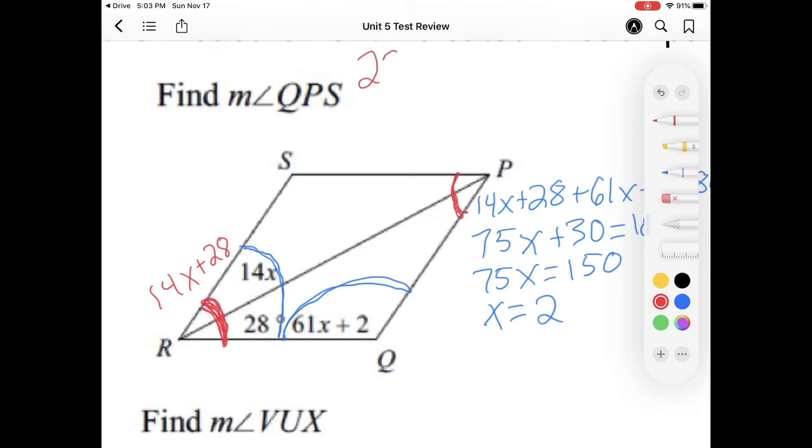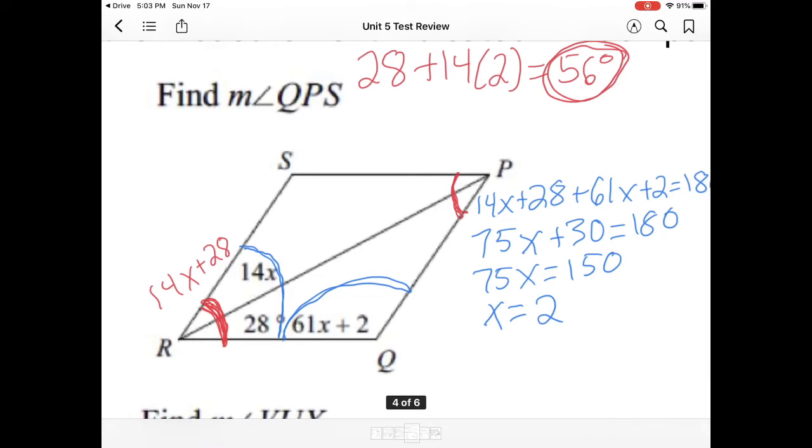So to find it, we're going to do 28 plus 14, instead of x, we now know our x is 2. So it's going to equal 56 degrees, and that is our answer.